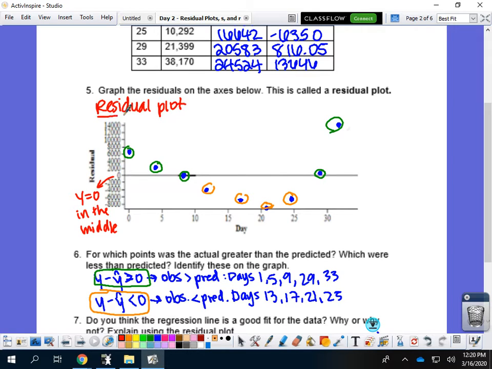These are useful because it shows all of the residuals plotted on one graph. It helps us to see that anything above the line, all the greens, those are where our observed was greater than our prediction, so prediction too low, and then anything below the line, our prediction was too high.